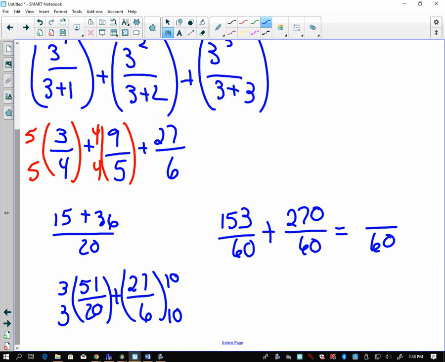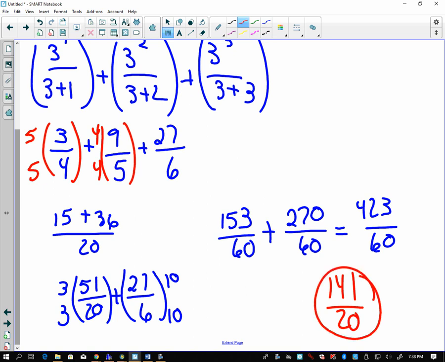Okay, 153 plus 270 gives me 423 over 60. Let's see, 423 divided by 60 reduces. Gives me 141 over 20. And that is our answer.